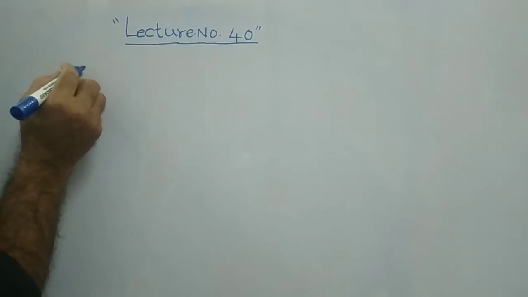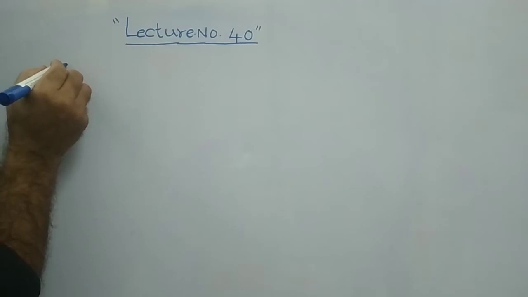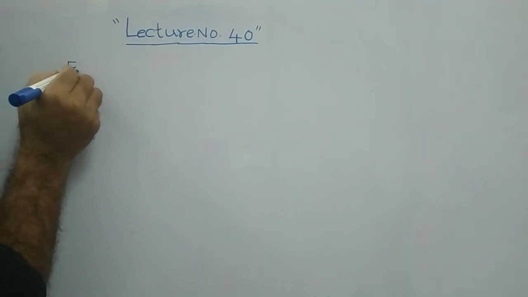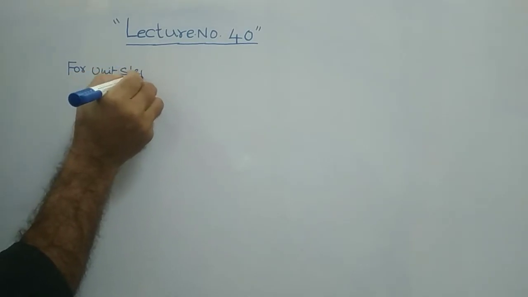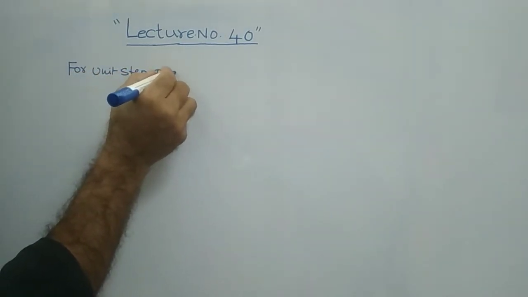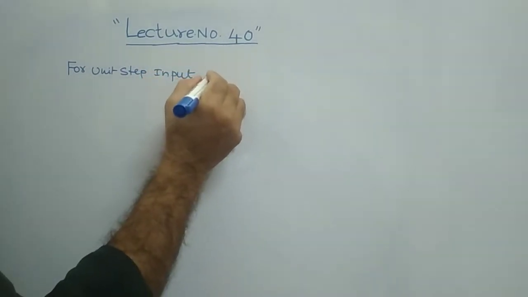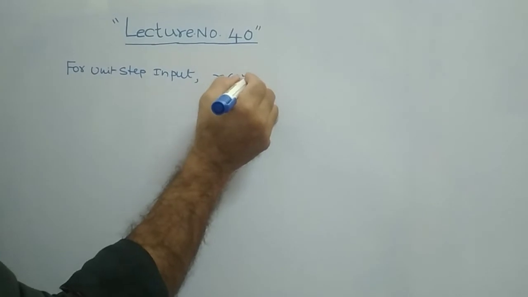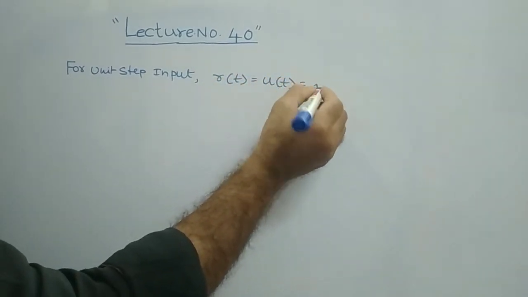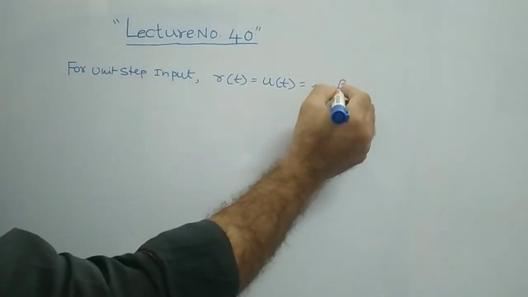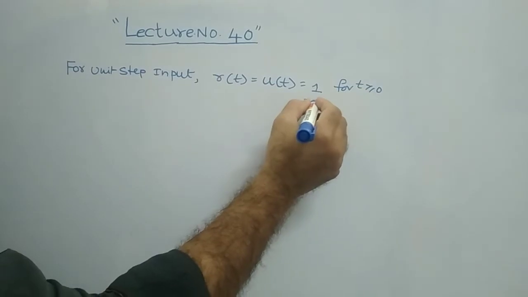Consider the unit step input, that is, r of t is equal to u of t is equal to 1, for t greater than or equal to 0, and it is 0 for t less than 0.